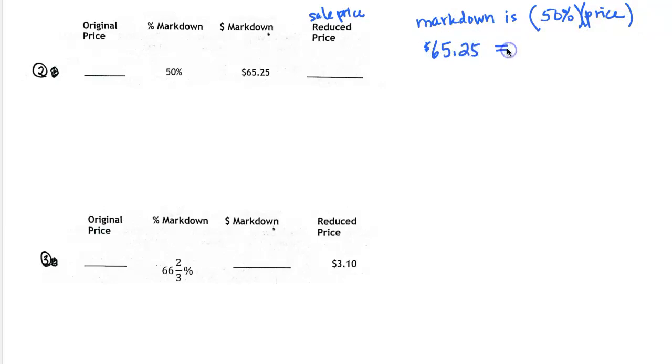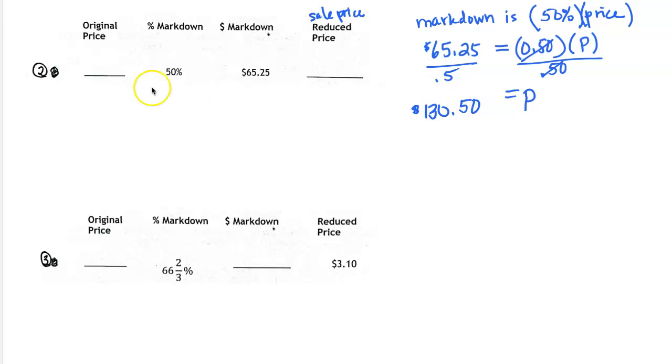That is equal to 50% as a decimal is 0.50 times the original price. I'm going to use P. Solving this equation, dividing by 0.5 to get that P for price value alone, I end up with a total of $130.50. That was our original price.